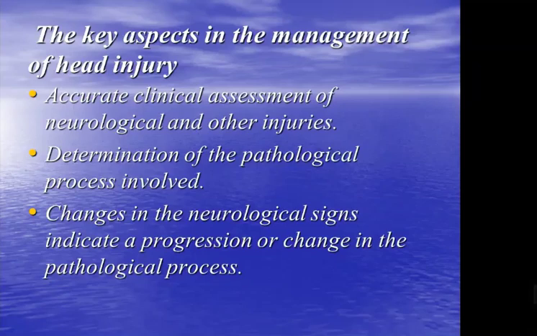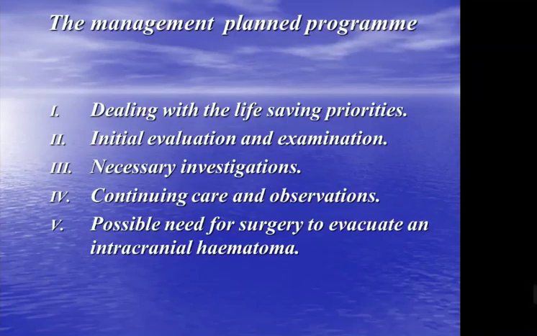Now, if I see that this patient starts to get decreased level of consciousness, this means that some pathological process is going on, which sometimes needs intervention, like for example, hematoma.